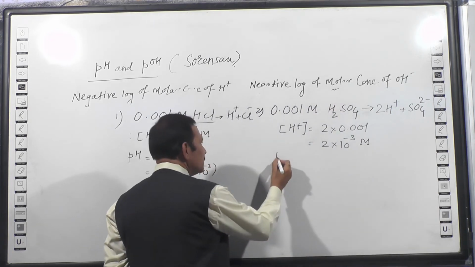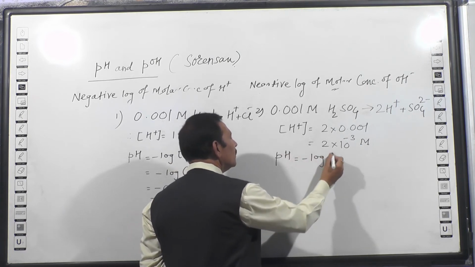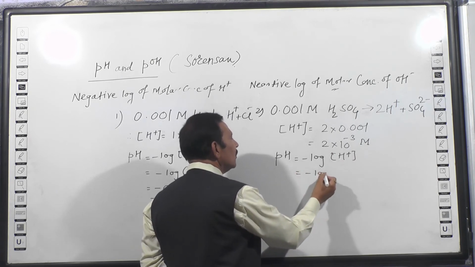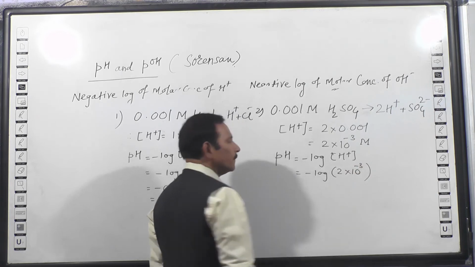Again the formula is pH is equal to minus log H plus ion concentration, minus log 2 into 10 to the power minus 3.